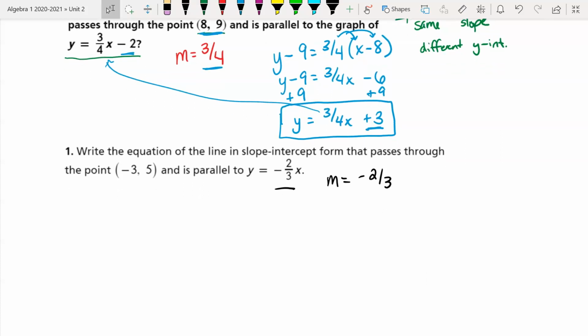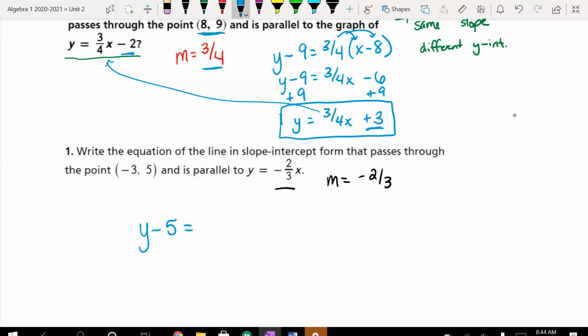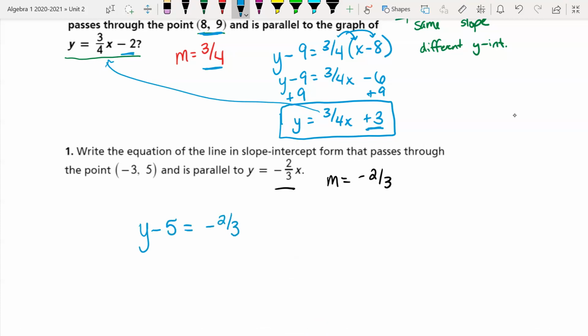So I'm going to take my point, y minus 5, and plug it into point slope form. Use my new slope. So all I did was take this, plug it in here, this, plug it in here, and I use my slope. Now we're going to distribute.